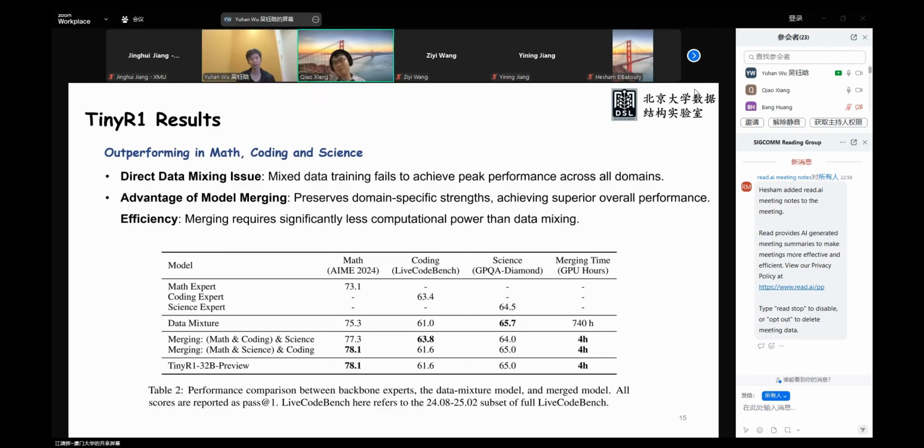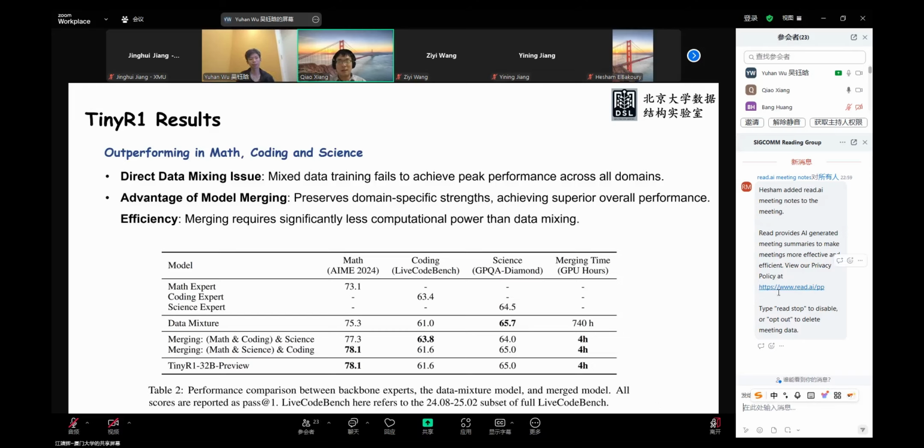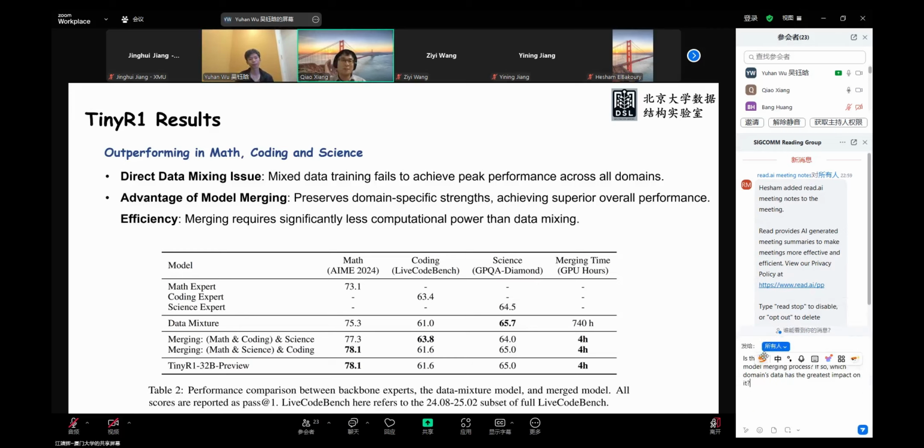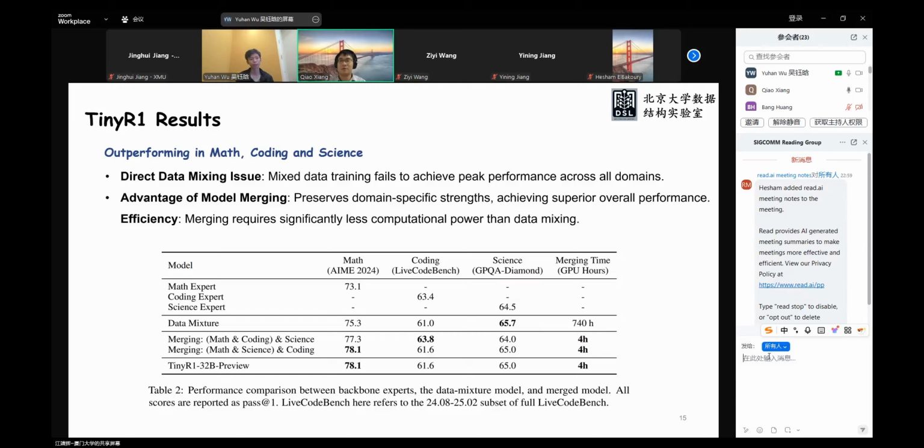But the second reason, maybe I don't fully understand yet. You said the tech giant companies like Microsoft, OpenAI, and so on don't care about the GPU hours. But still, as suggested by this figure, 740 hours versus 4 is a very giant gap, a very giant reduction of GPU hours.